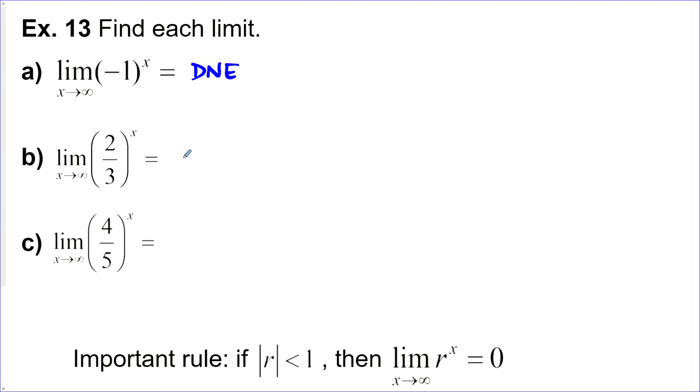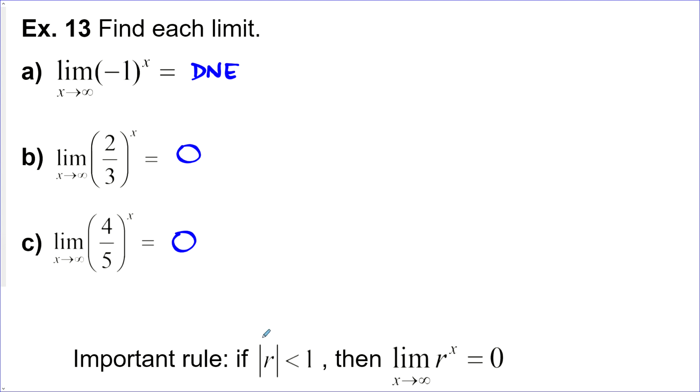So that would mean this one is 0. That would be the same case for this 4 to the power of x over 5 to the power of x. Well, 4 to the power of x is going to be less than 5 to the power of x, and so 5 to the power of x is going to be infinitely larger than this numerator here. And so again, this is equal to 0.